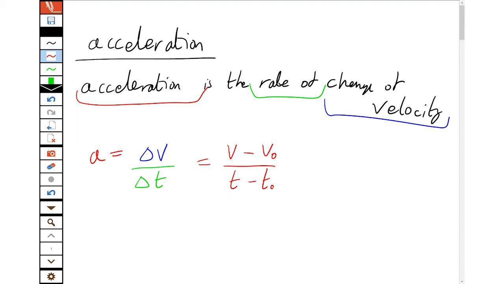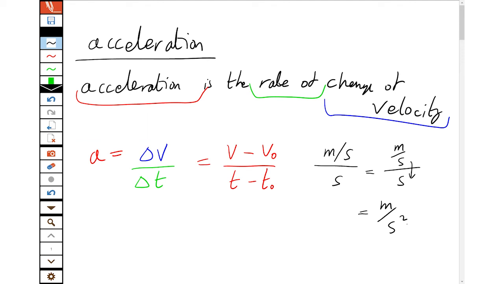You'd be surprised at how much difference that makes in doing all the questions in exams, how it makes things much easier to deal with. Now, looking at units, velocity is meters per second and time is measured in seconds. So you've got a fraction over a fraction, meters per second over seconds. And with a fraction like that, you just put the bottom line down on the bottom. So you've got meters per second squared.